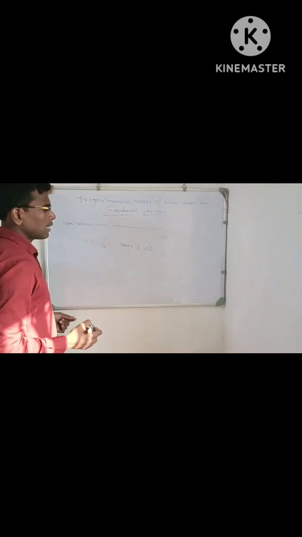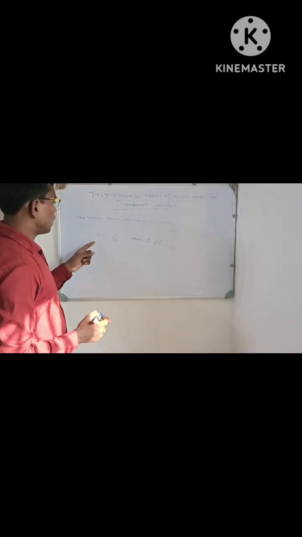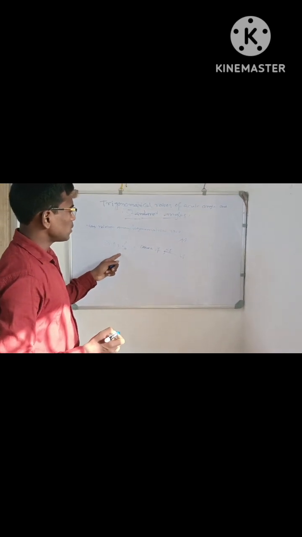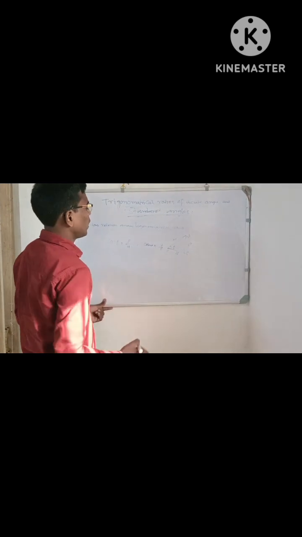This is a right angle triangle. If we look at this, we can write sin theta equals perpendicular by hypotenuse, and cosec theta is hypotenuse by perpendicular.